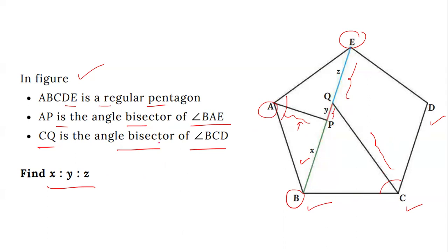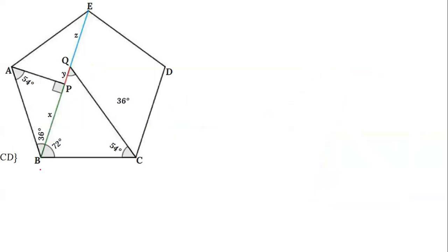So now let's start how we can solve this problem. First of all, we know that this is a regular pentagon, which means all sides are equal and every angle is 108 degrees.